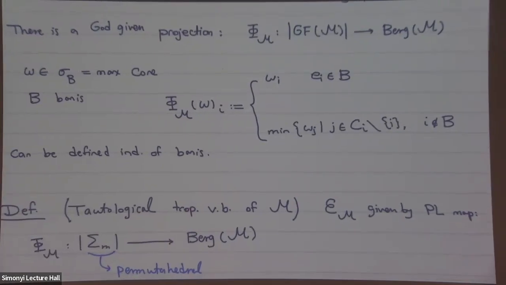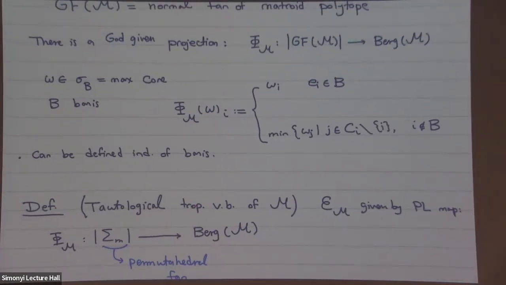It's similar to the definition of apartments. You basically pick a point, an m-tuple of numbers, which I call W, and then you pick a basis in a maximal cone in the Grosvenor fan for a basis in the matroid, and then you keep the coordinates from the basis elements, but replace the other ones with this minimum formula to produce some point in the Bergman fan.